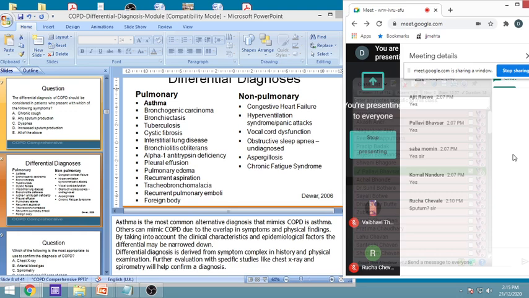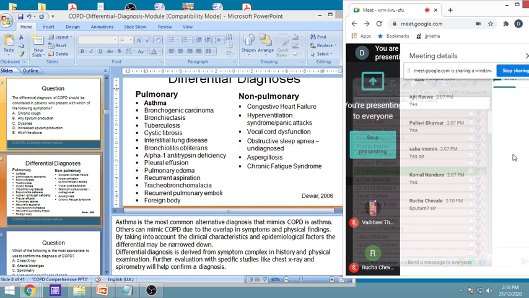Then bronchiectasis is again one of the problems where there is obstruction. Tuberculosis is an infection of the lungs, a pulmonary infection. Because of that, the oxygen transfer activities are reduced and the lungs are affected, and because of that, secretions are there.